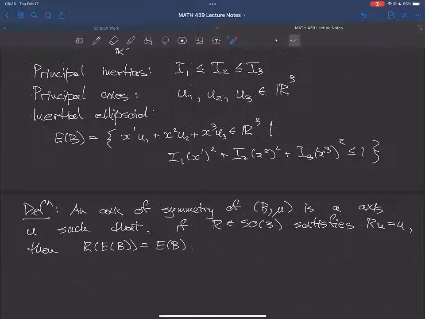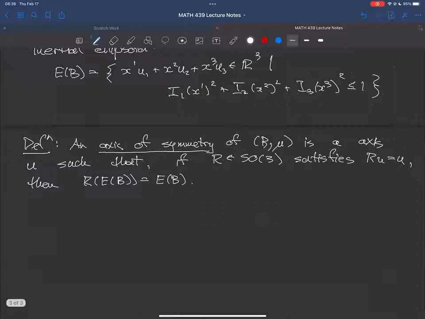Okay, and so the idea here is we have this formula that we're going to mainly think about in this definition. Okay, and what does this mean? Well, this just means if you have a rotation that fixes some vector, that just means it's a rotation about the vector. Okay, so it says that any rotation about u maps the inertia tensor into itself. Okay, that's the definition of an axis of symmetry. All right, and it must be every R that satisfies this formula must also satisfy that formula. Okay.